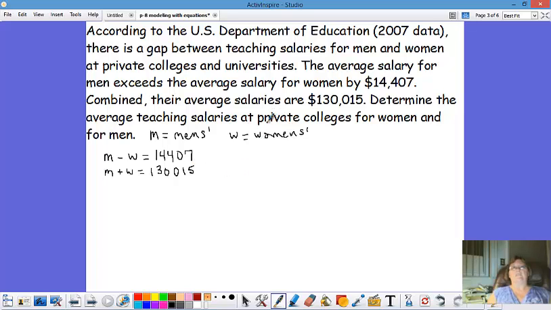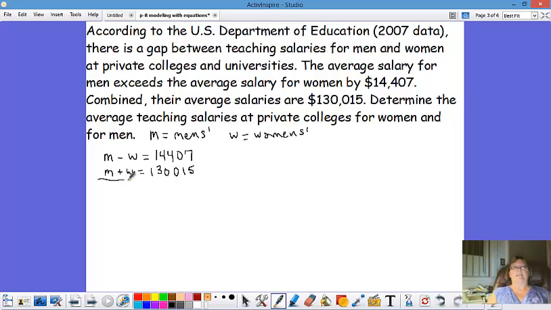We want to find the average teaching salaries, so our answers are going to be men's salaries and women's salaries, and we have 2 pieces of information to work with. I am hoping that you're remembering we have 2 equations and 2 variables, and if we want to solve for the variables, we have to find a way to get rid of one of them, or eliminate one, and I hope that's ringing some bells in your memory.